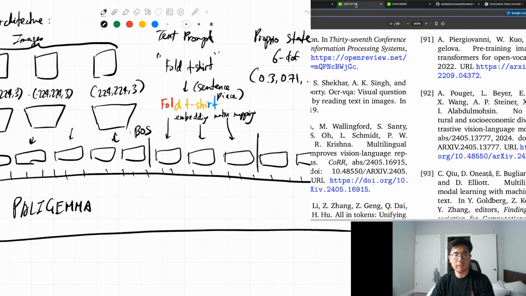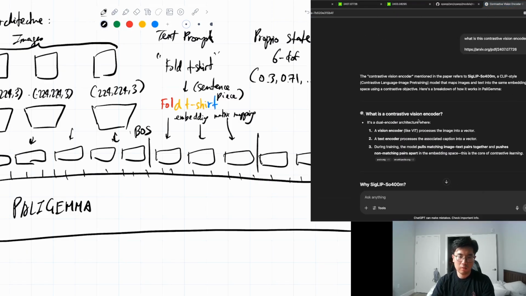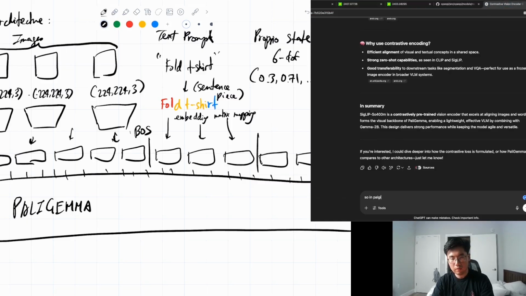Oh yeah, so SigLIP is trained separately, I think, right? So they essentially, in PaLI, take a pre-trained SigLIP, which is trained based on a contrast, and then this SigLIP maps to some space, and then a linear projection is done to get to the right embedding dimension as what the text tokens get mapped into.